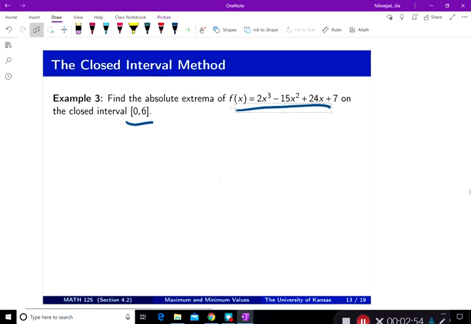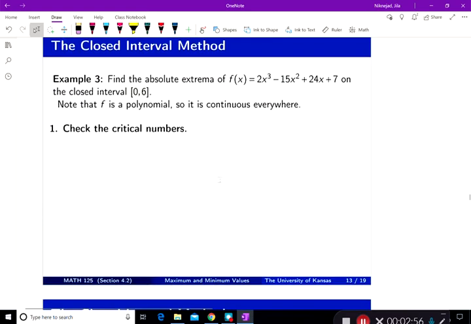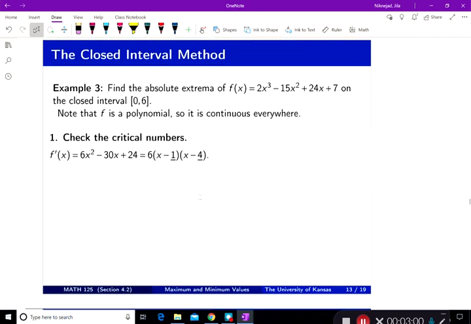And so now take the derivative. When you take the derivative of 2x to the third minus 15x squared plus 24x plus 6, the derivative of the first term is going to be 6x squared.